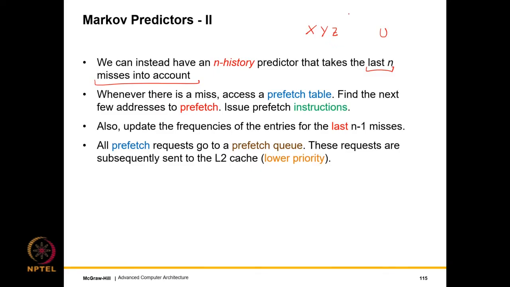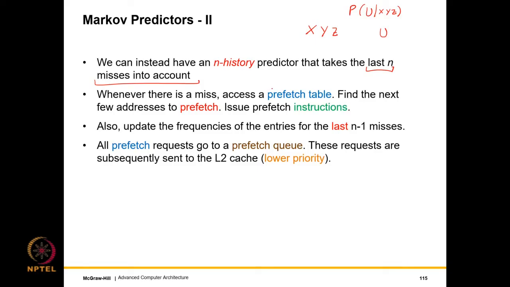We can think of this in probability as looking at the joint distribution, and so we are looking at the conditional probability of a miss to line u, given that we have seen this sequence, and we will choose that line which maximizes the conditional probability.